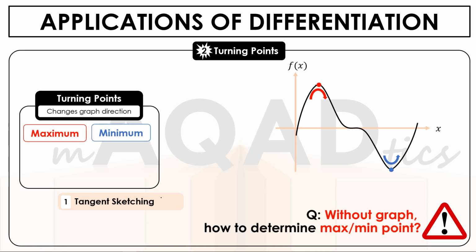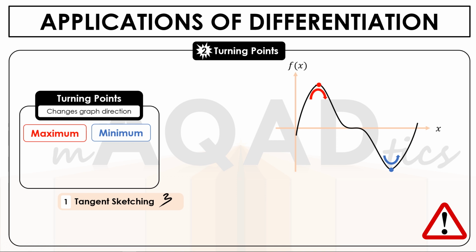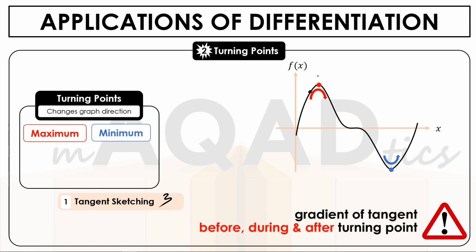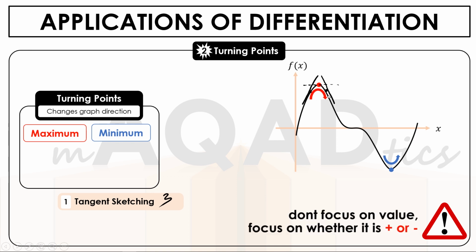But basically, what we need to have is just 3 values. The first value is the gradient before we reach the maximum point, somewhere here. The gradient of this line before we reach the turning point. And then the second value is during the turning point, and the third value is after the turning point. These 3 values, but we don't focus on the values, but on whether the value is positive or negative.